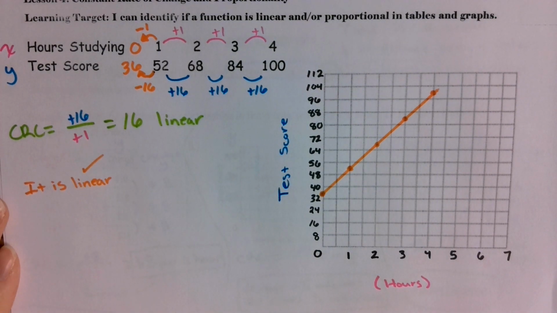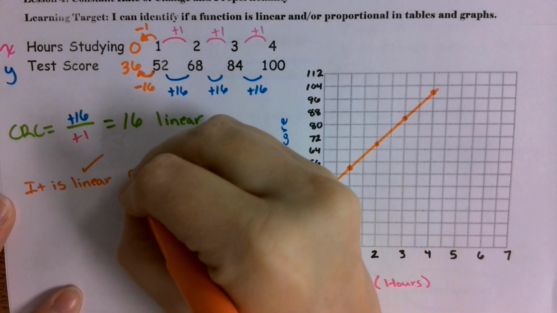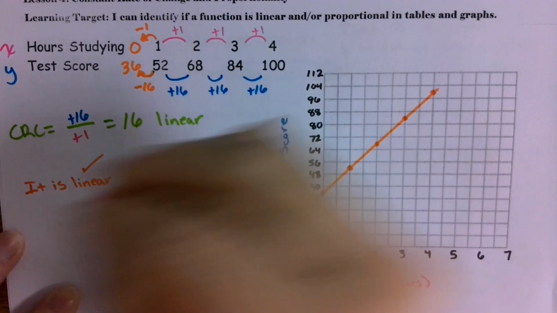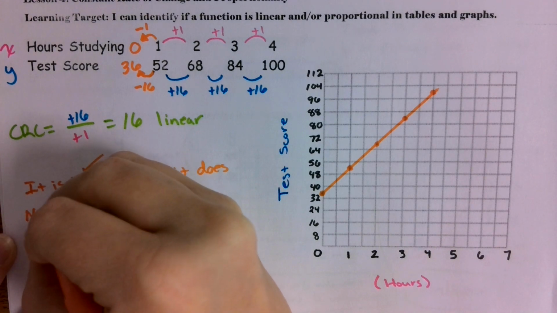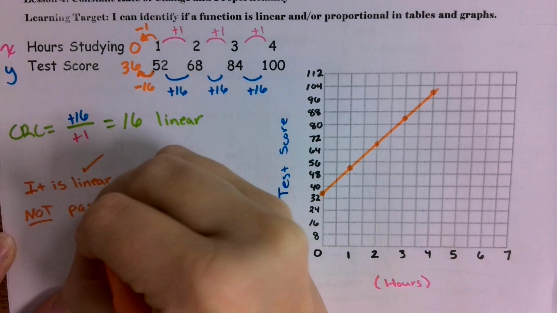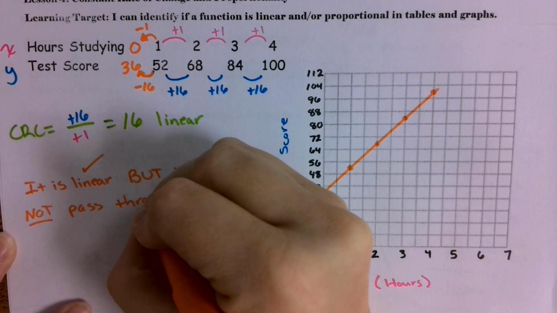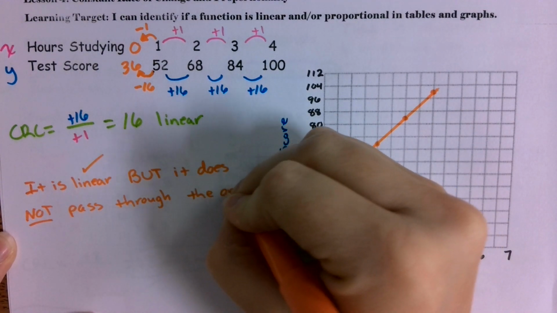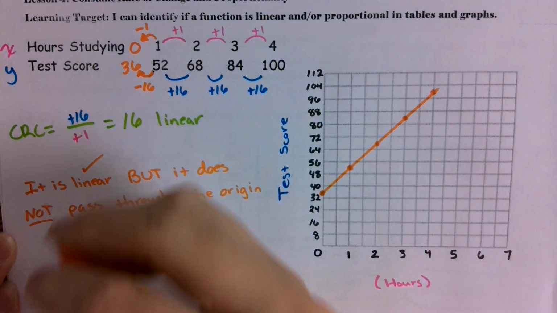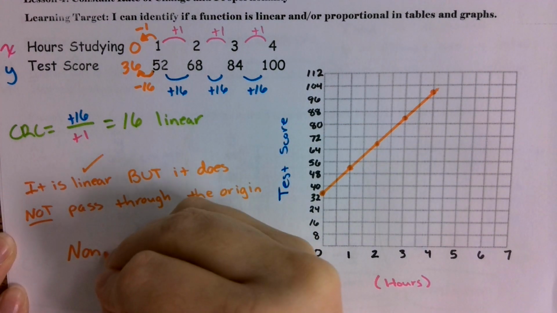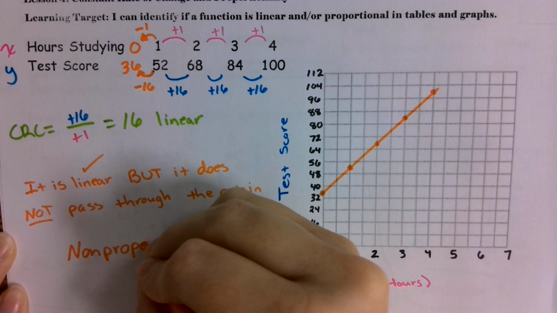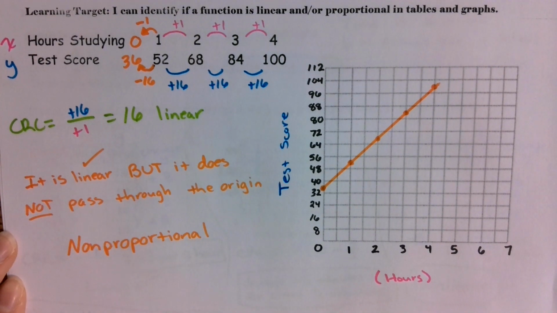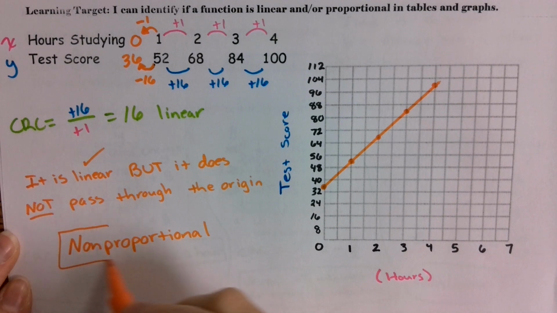That's one of the requirements for proportionality. But it does not pass through the origin. So that makes it non-proportional.